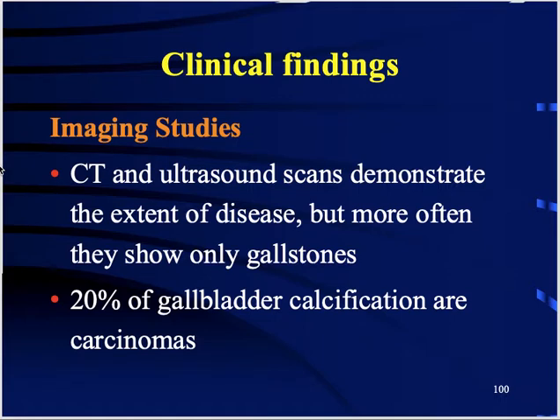What investigations will we do? You can go for an ultrasound examination, a CT scan, or MRCP in this case. But of course, as it's a carcinoma, they will do the staging. The same TNM staging is done.